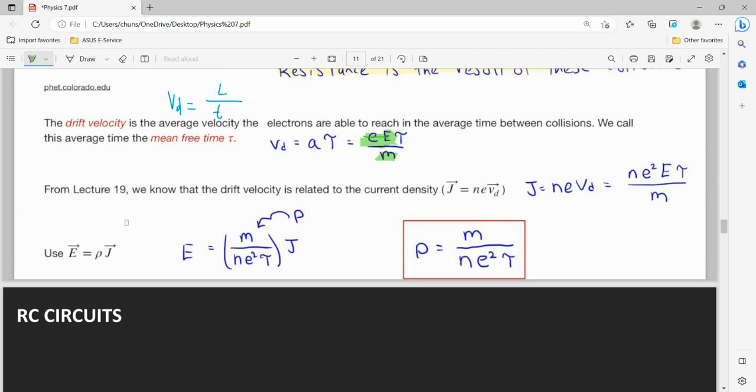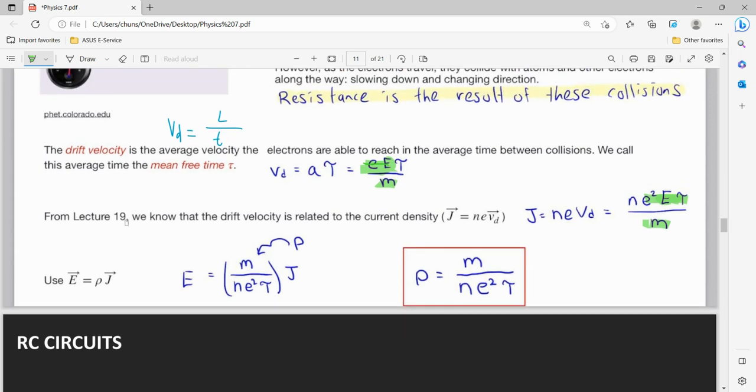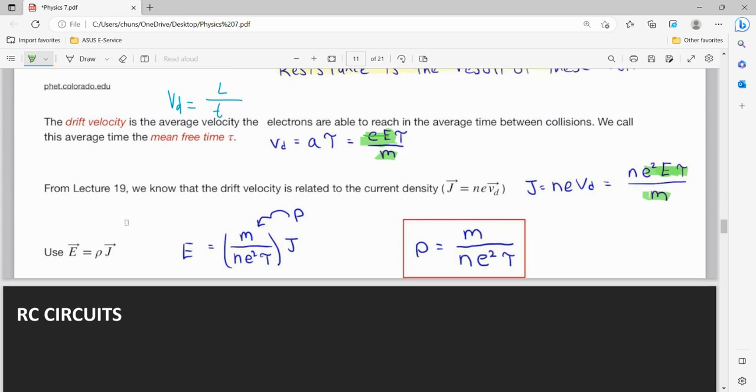So plugging in for drift velocity here, we can find what our charge density is. And in our electric field, we know electric field is our resistivity times our current density.